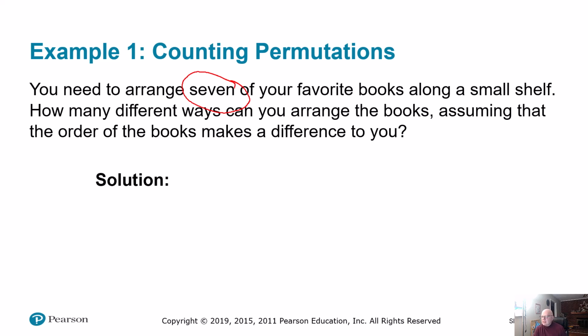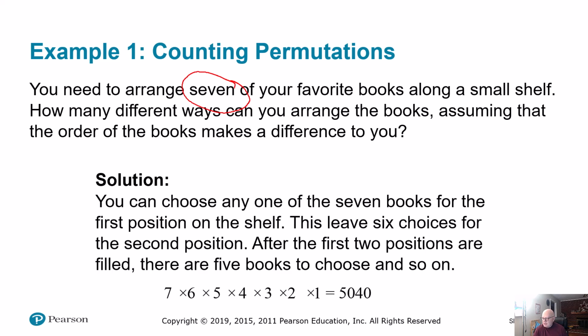Well, use that fundamental counting principle and we can solve it. You can choose any of the 7 books. So imagine putting those books on the shelf, and imagine someone's coming in the room. Here's the door. I'll do my best on this one. There's a door, and someone comes in the door and they're walking toward the bookcase.